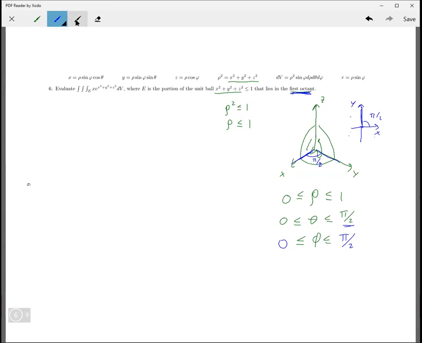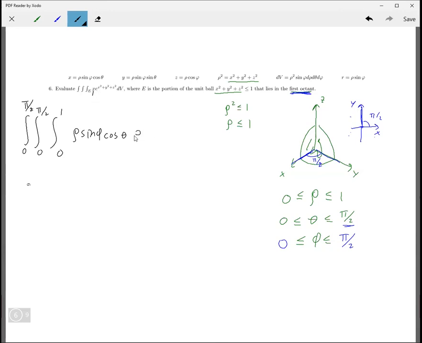Now we can go ahead and set the integral up with those limits in there. So 0 to 1 on rho, 0 to pi over 2 on theta, and 0 to pi over 2 on phi. Now this x becomes rho sine phi cosine theta.